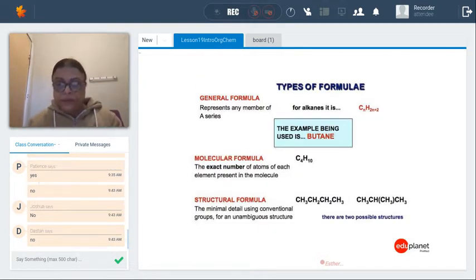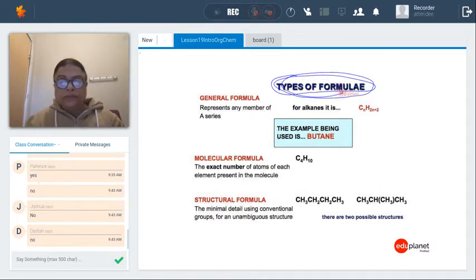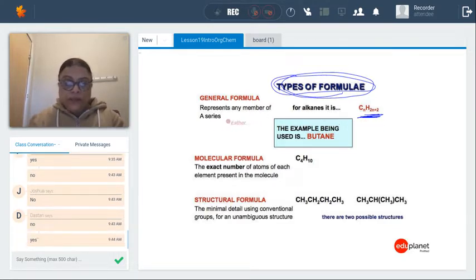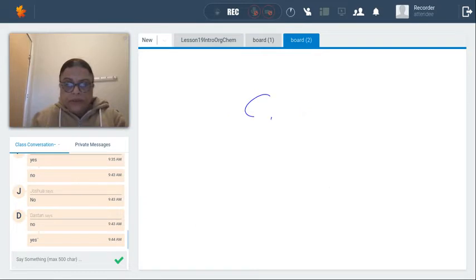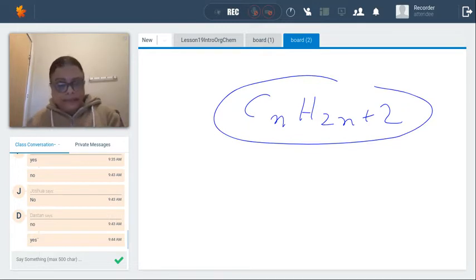Okay, so we have several types of formula in organic chemistry. We have a general formula. I think you remember it from lessons before. It tells you that any member in a series, for example, CnH2n+2, represents a whole class.